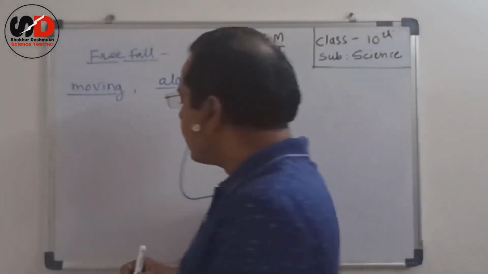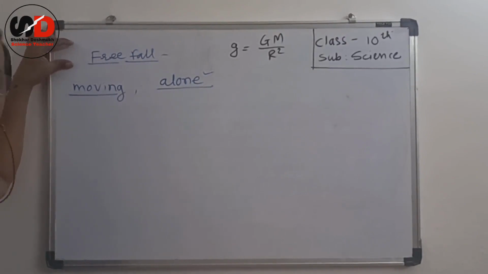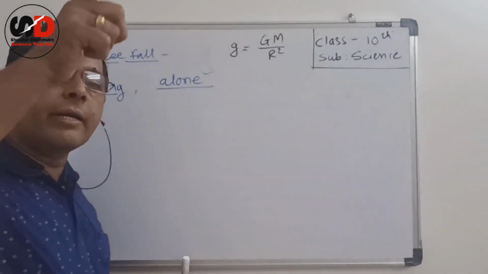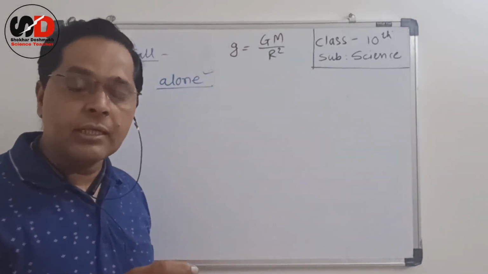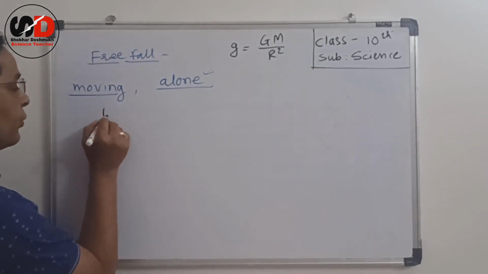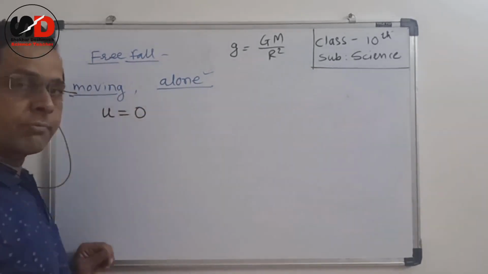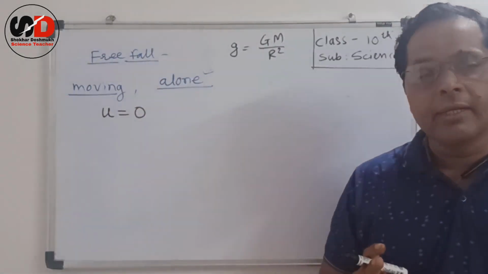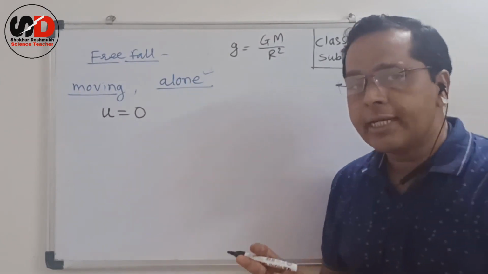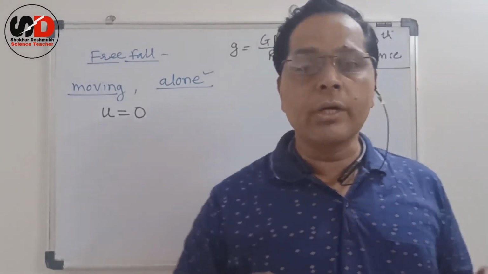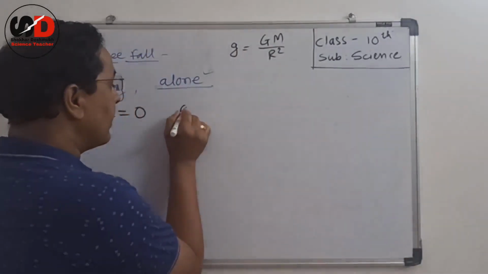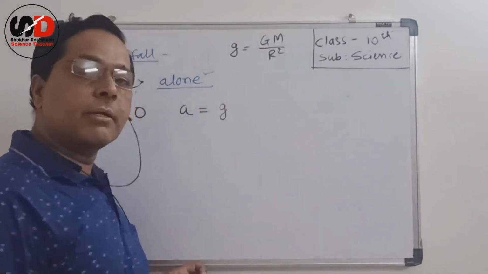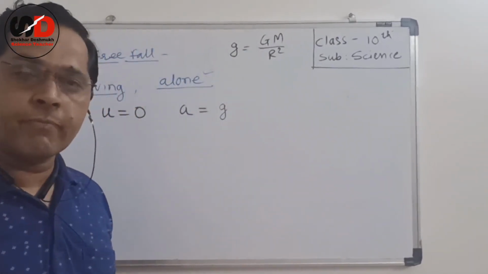Students, whenever we are talking about free fall, we must remember the object should be released only. That means the initial velocity u must be equal to 0. And the second thing we have to remember is that the acceleration a is nothing but the acceleration due to gravity, that is g.